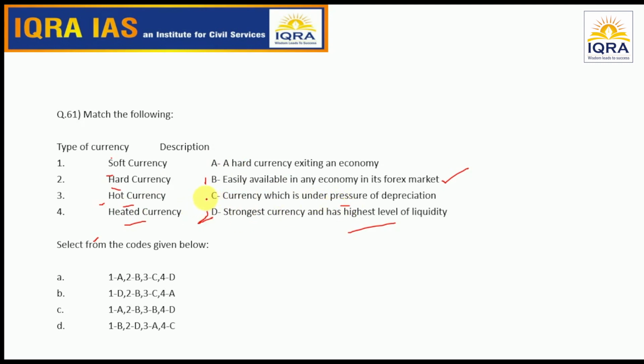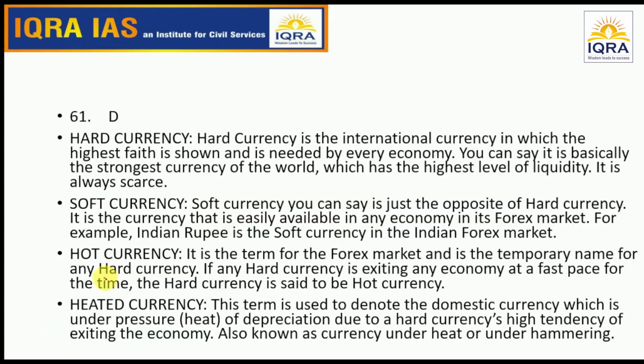So I think this is the correct one. Which one is this? 3A, okay. 1B. So 3A is only at one place. This one is correct.